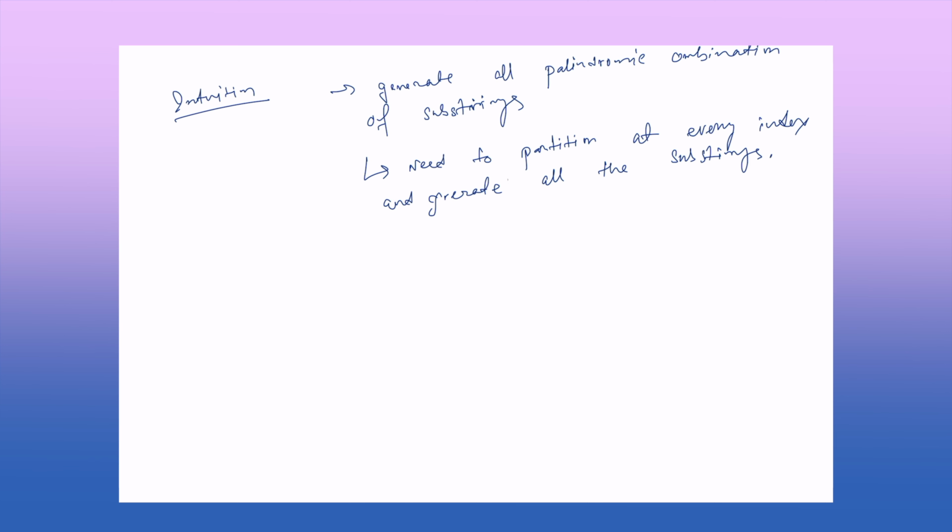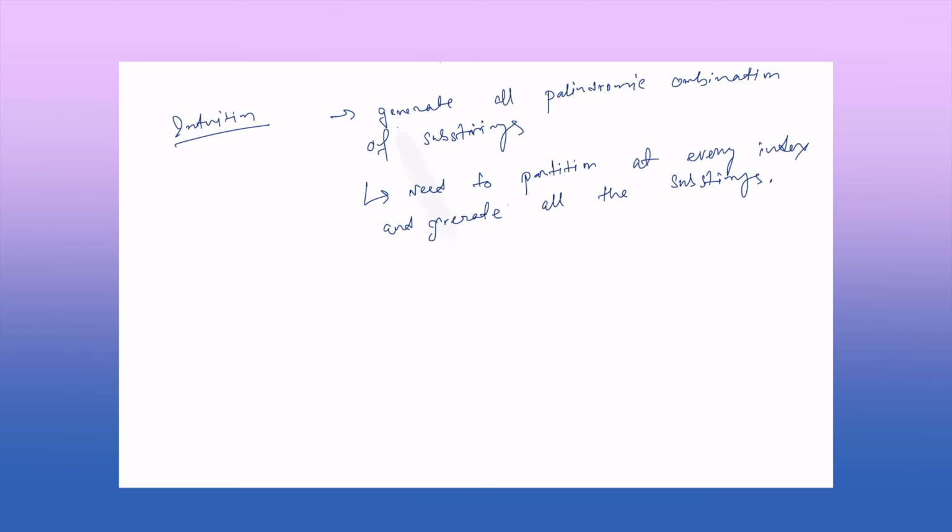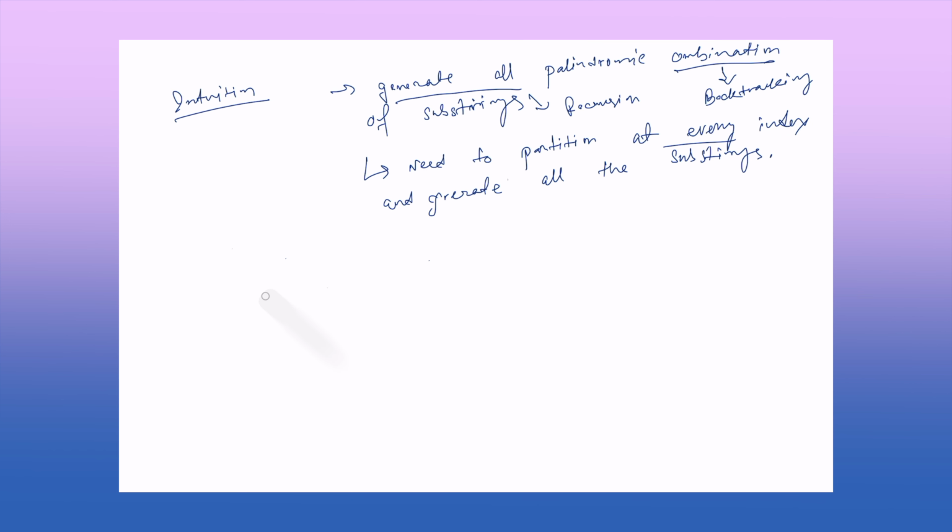And when we see this kind of keyword, generate all, which approach can we take? We can take recursion. And then we have a case of combination, so in that case we can think of backtracking. Another hint this problem gives is that n is less than or equal to 16, so the string length is between 1 and 16, which is a very small number.